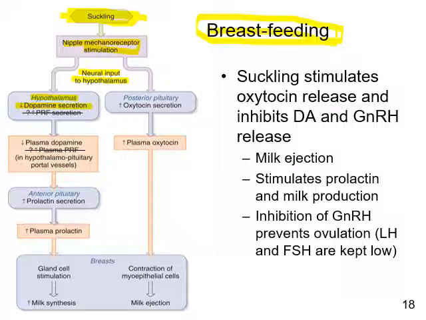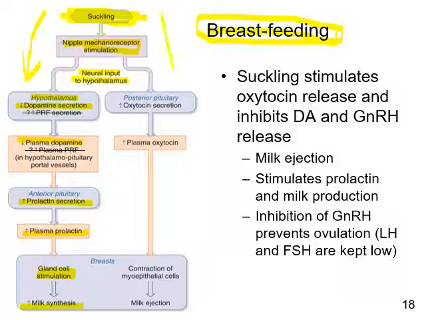So dopamine release is inhibited by this neural input to the hypothalamus. The decrease in dopamine then causes stimulation of the lactotrophs of the anterior pituitary to produce prolactin. Prolactin, interacting with prolactin receptors on the mammary gland, stimulates the synthesis and production of milk.